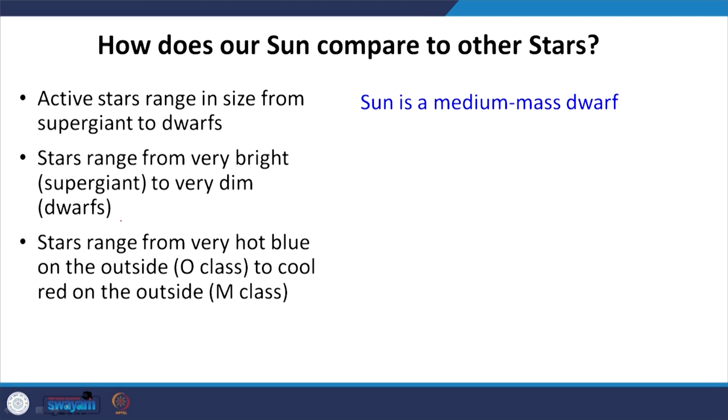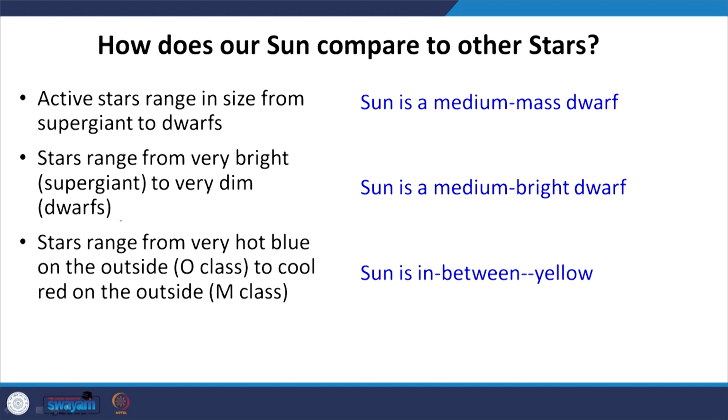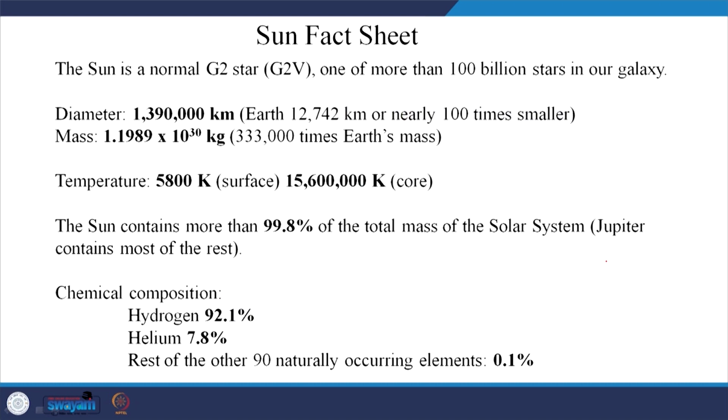In that way, sun is a medium bright dwarf. In terms of temperature or color, stars range from very hot blue ones, generally called O class stars, to cool red ones, which are M class stars. So, sun falls in between. Let us say sun is an in-between yellow. You see the sun in yellow color, right? We know that.